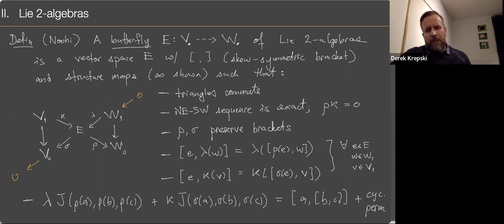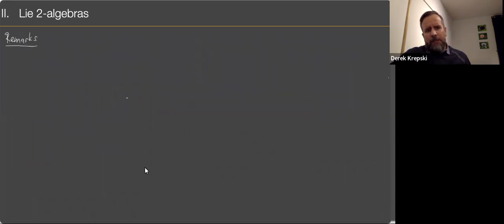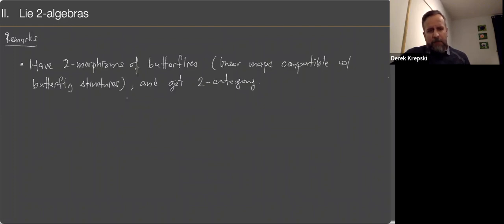And the nice thing about these butterflies is that, again, we have a two category. So you have morphisms of butterflies just being linear maps between the bodies of the butterfly, between the E and say an E prime, compatible with all the structures, and we get a two category.